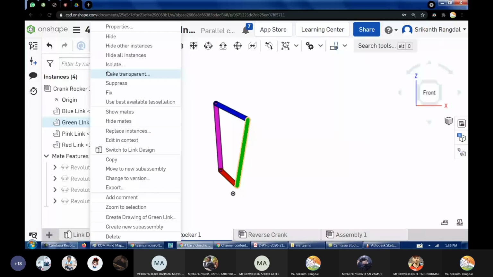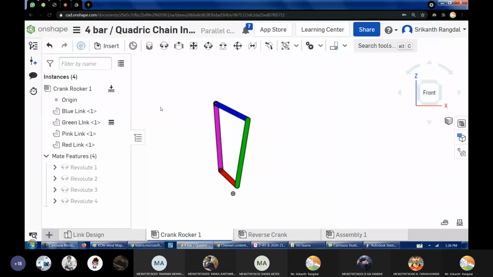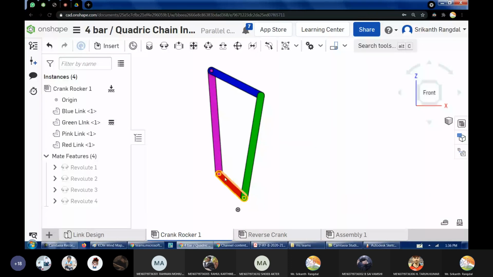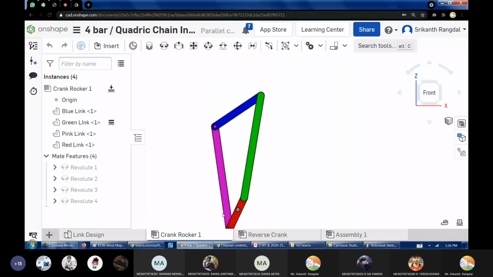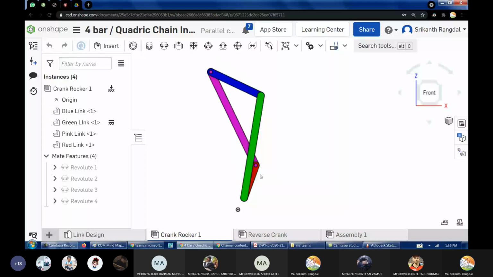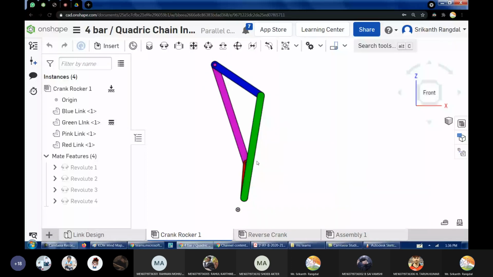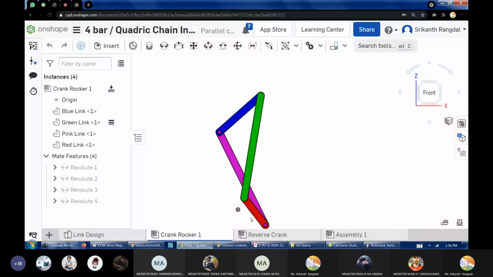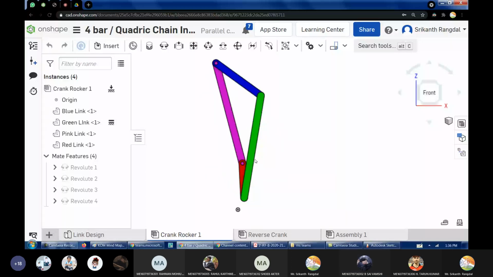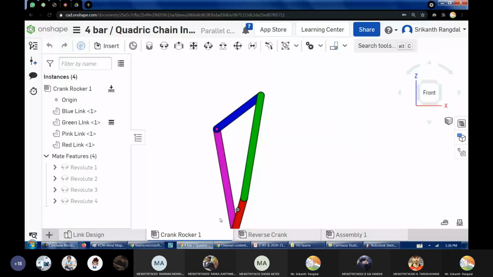Now let us see how the motion occurs. I'm taking the red link and trying to move it. You can see the red link is rotating for what angle? Complete 360 degrees it is able to move.